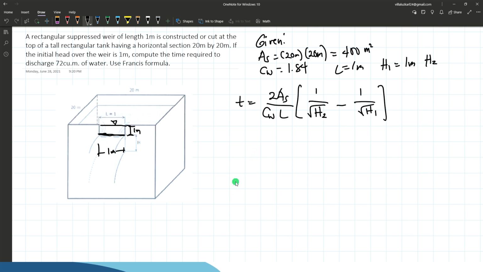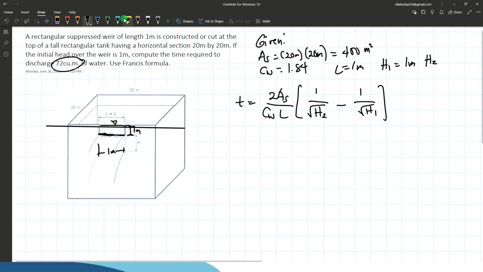For H2, all we need to do is determine the drop of the water level after it discharges about 72 cubic meters of water. So the new water level, of course, is lower than the initial head of 1 meter. So how can we compute that?